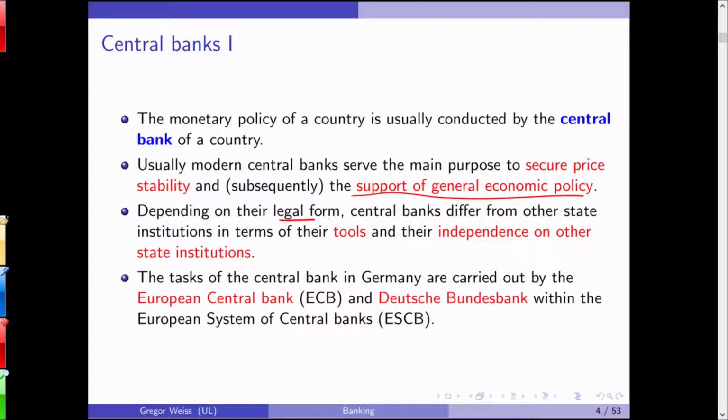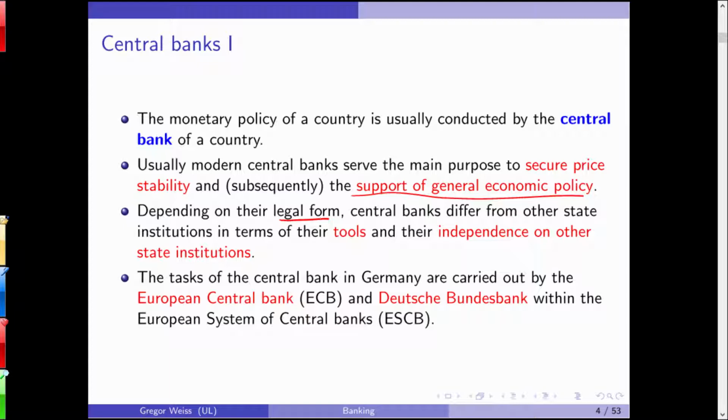The legal form of central banks can, of course, differ from country to country. And it's interesting to note that some of the central banks are incorporated and have stocks that are traded on stock exchanges.